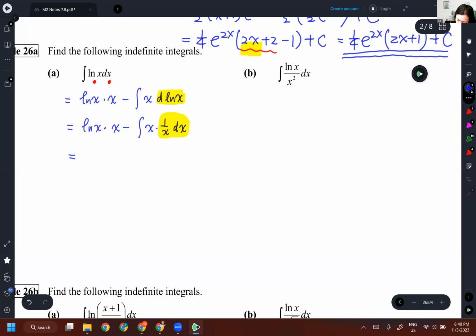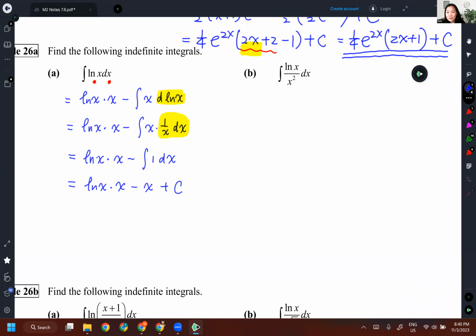And then you will get log x times x minus 1 dx, and then log x times x minus x plus c. And then you're done. This very simple function's integration has to be done by this formula. Is that fine?